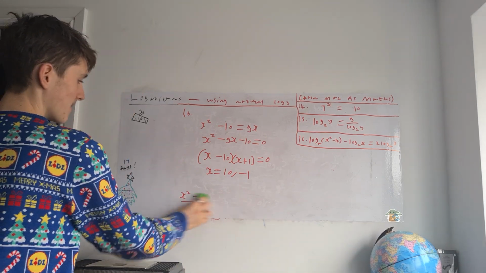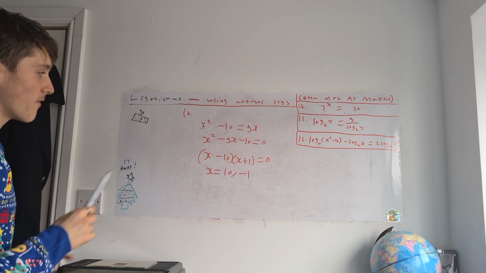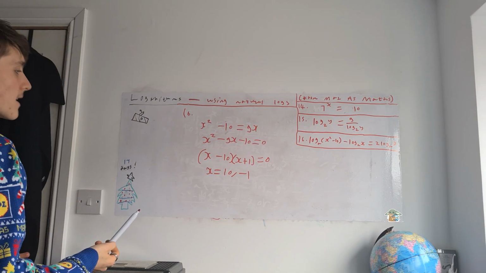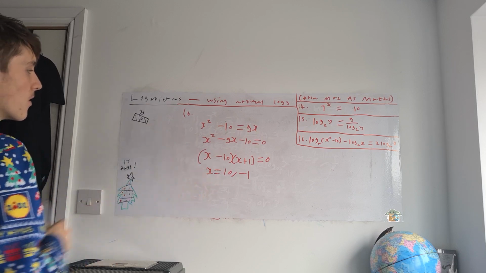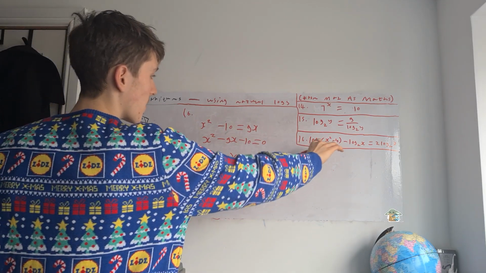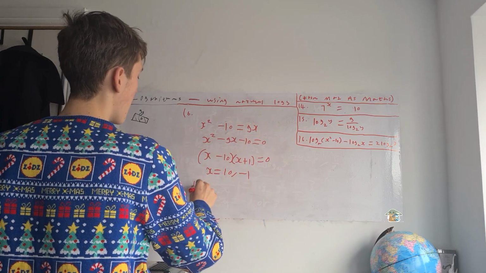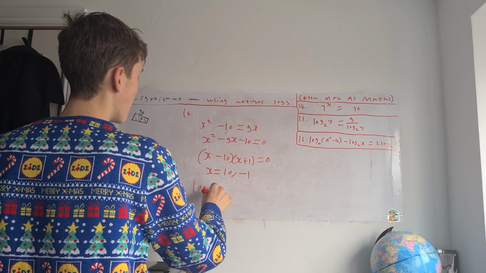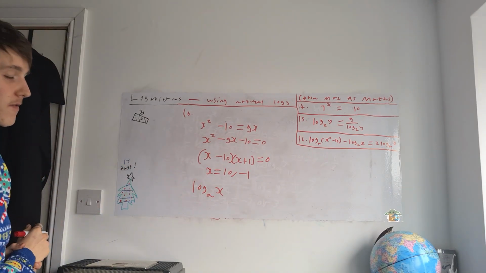Now, that's really simple, and I'm sure it wasn't too bad. But one thing you have to be careful of is that x here cannot be minus 1. Because at the start of the question, if you look at it, you have minus log a of x. Now, log a of x for any number, x cannot be negative.